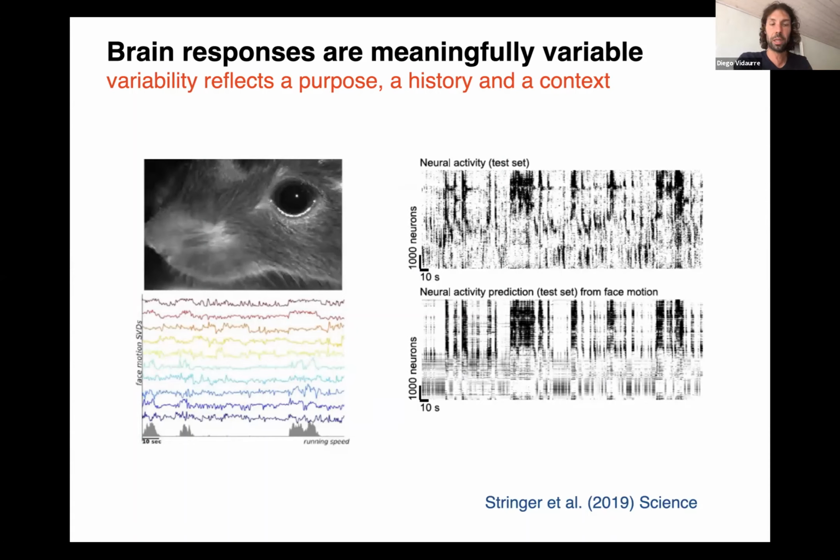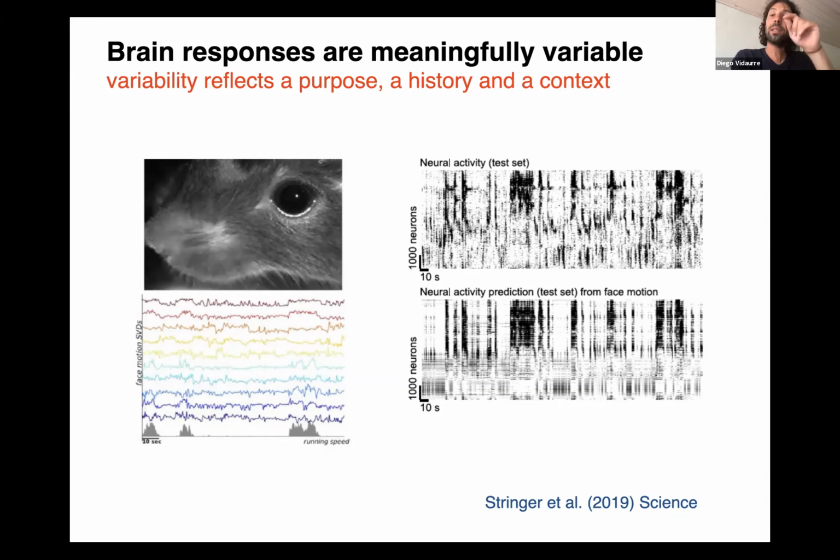For example, this paper shows that in visual cortex, you can predict a lot of the variability in the responses of individual neurons based on the behavioral state of the animal. Things like what the animal is doing, the size of the pupil, or movement, even though it's the visual system and it's not related to what the animal is watching.